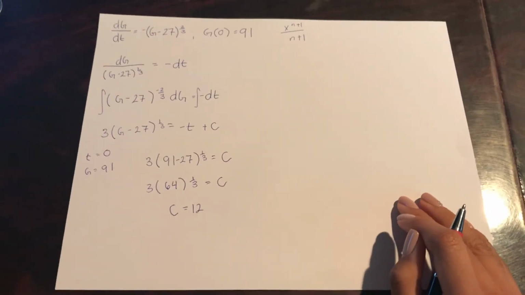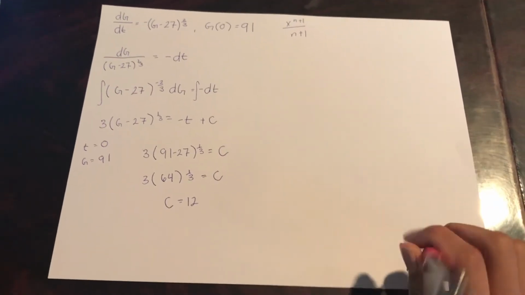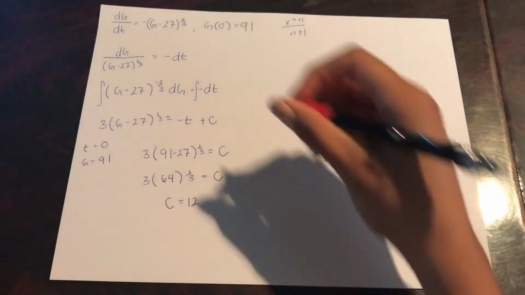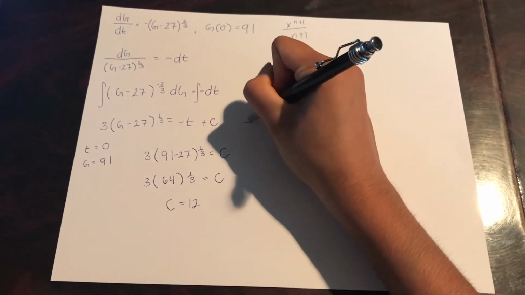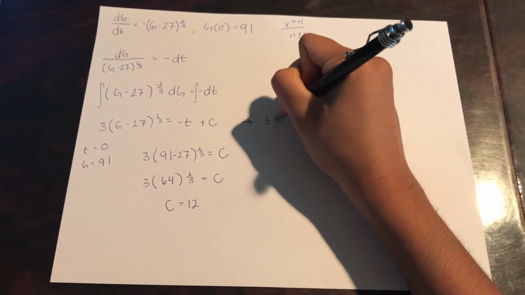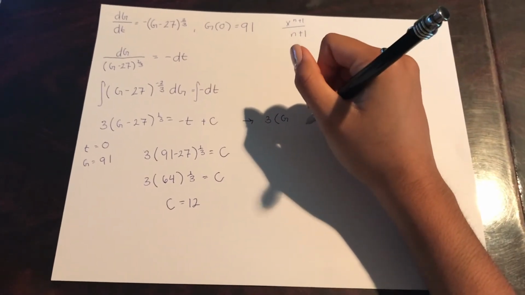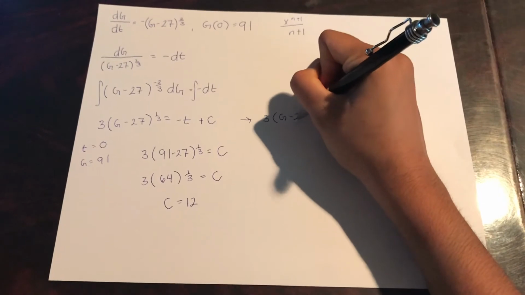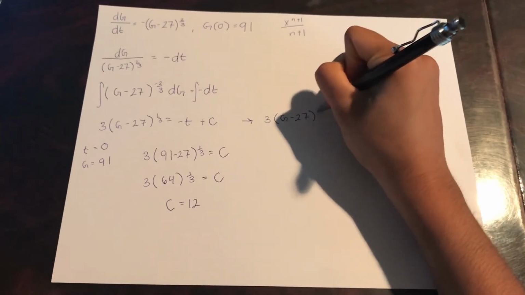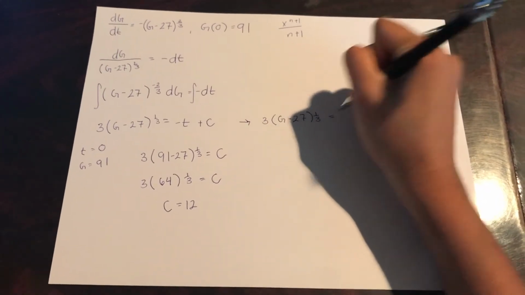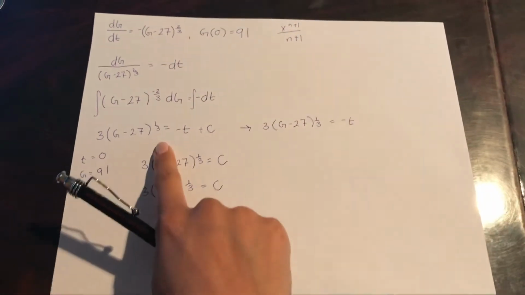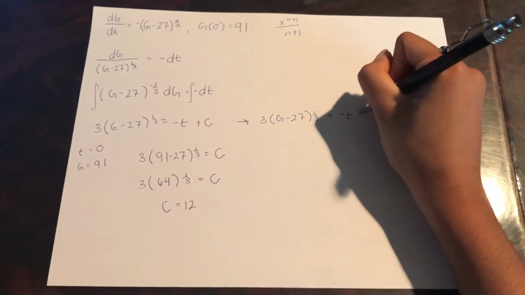Now we're still not done. We have to solve for g now. So here we are going to solve for g by plugging in our c into the equation we initially got.